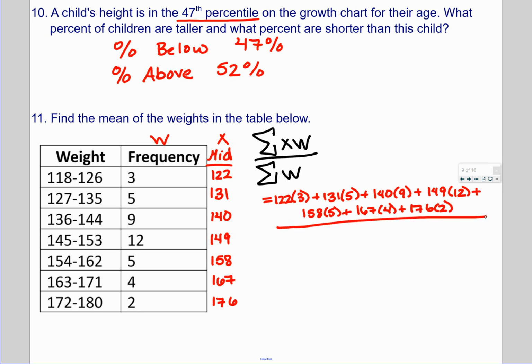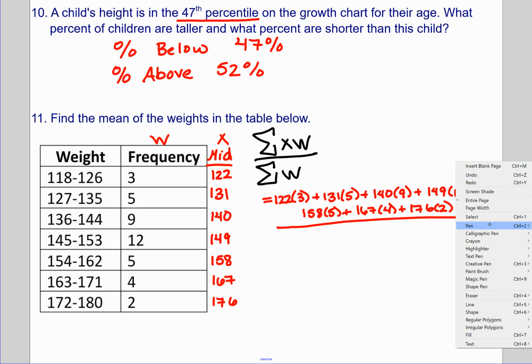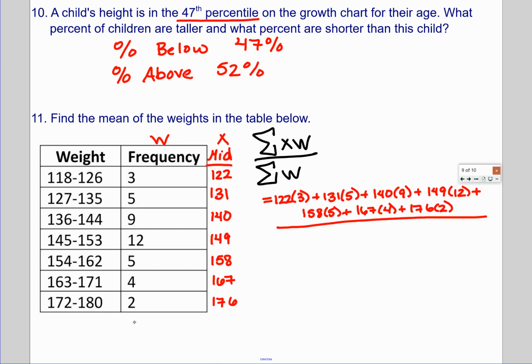That's my numerator, divided by the sum of all the weights, the sum of all the frequencies. You can write them all out, or you could just sum up your frequency column: 3, 5, 9, 12, 5, 4, and 2. The sum of all of those frequencies is 40. And then do your calculation.